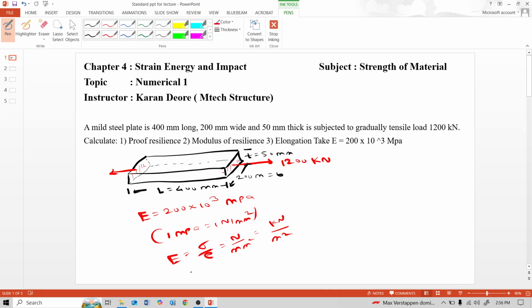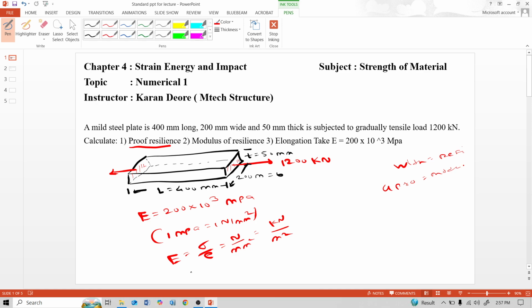Now we also know proof resilience. What is proof resilience? Proof resilience is the strain energy stored in a body within elastic limit. The word within is important in resilience, and strain energy stored in a body up to elastic limit is modulus of resilience.